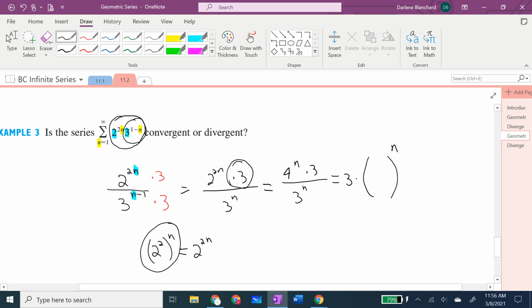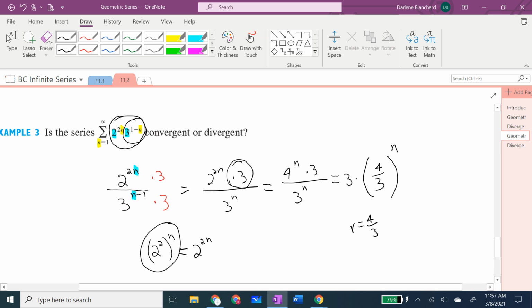That number is r. So if you can work your formula to have just n as an exponent, look at the base, that's r. This r is larger than 1, so this diverges.